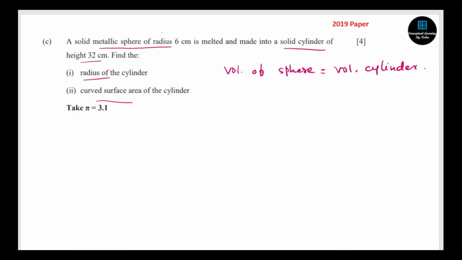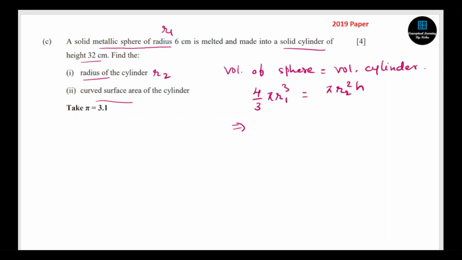Now for the sphere, we'll take this as R1 and we have to find R2. Let's substitute the formulas and values. So 4 upon 3 pi R1 cube equals pi R2 square h. Now we can simply cancel the value of pi.